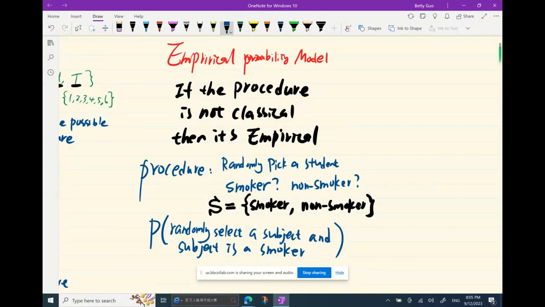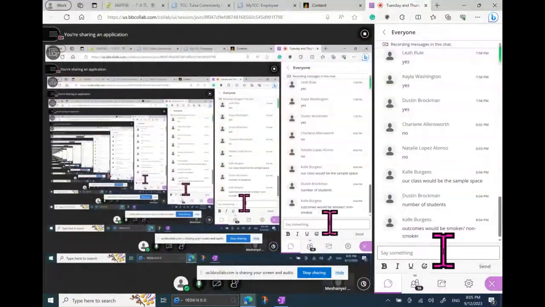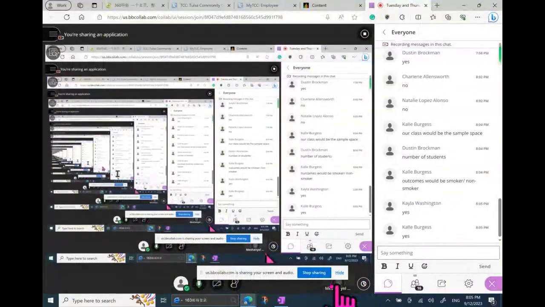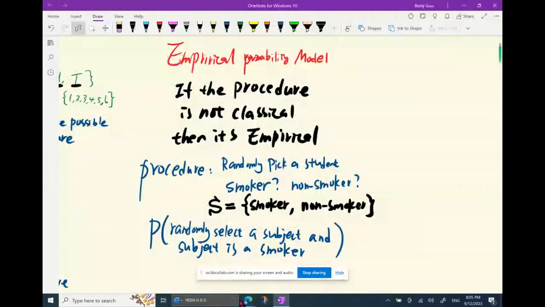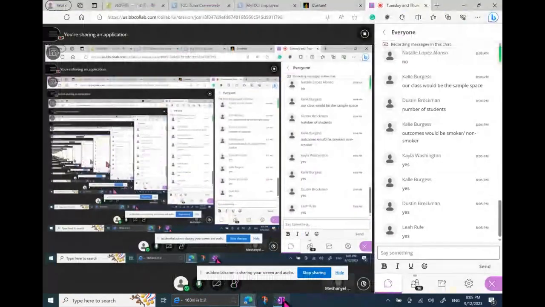Before I ask you, I don't know. After I ask you, of course I know. So what is the result? The result is either you are a smoker or you are not a smoker, right? Do you guys agree? Exactly, perfect. So in this procedure, that's our sample space.